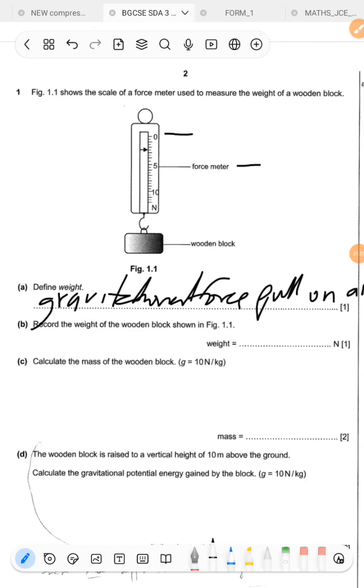The larger divisions are in ones: 1, 2, 3, 4, 5. And then the smallest division will be 0.5. So your readings are going to be 0, 0.5, 1, 1.5, etc.